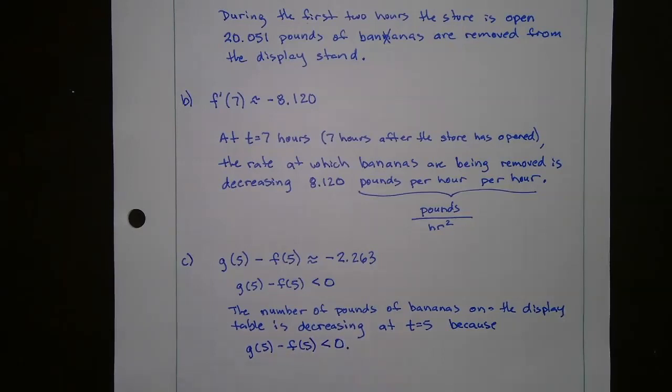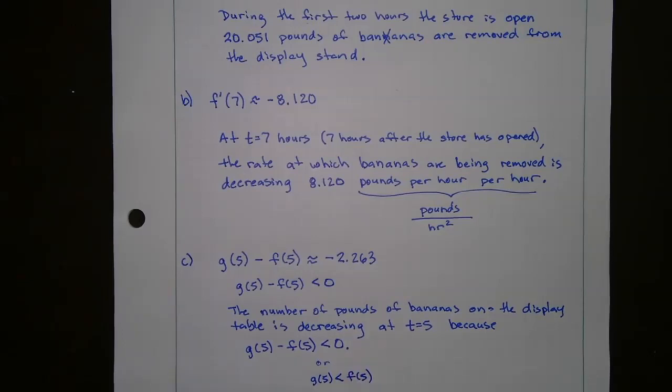0. Now, an alternative way of saying this is that g of 5 is less than f of 5, because you could move this over. I'm going to say this because this isn't the only way you could make the justification of why it's decreasing. Or g of 5 is less than f of 5. You could say it that way too.